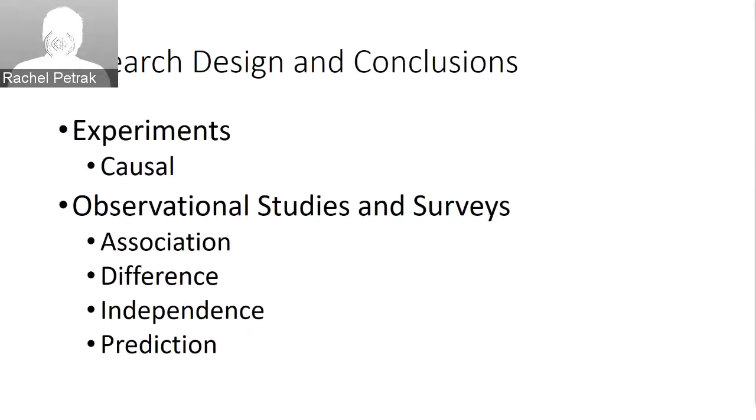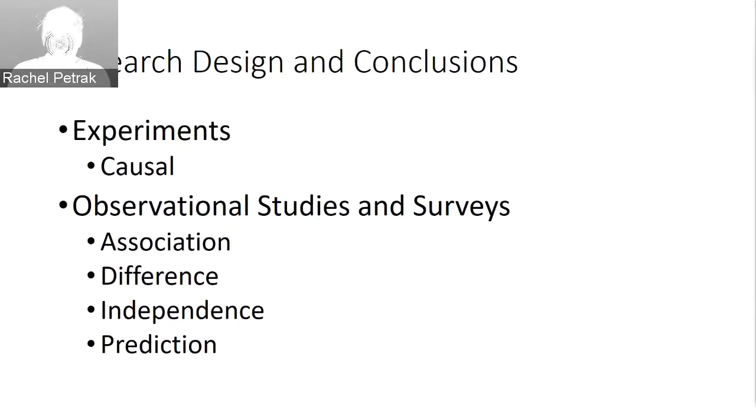We collect a lot of data, however, and do lots of research through observational studies and surveys. This kind of research can give us lots of different insights, and they're centered around these four topics listed here. We could get insights related to the association between two variables, difference tests. We could look at the difference between groups.